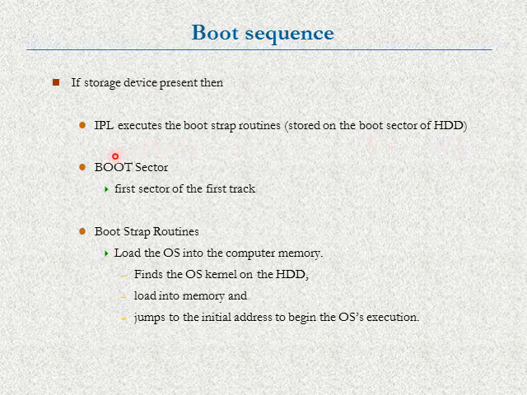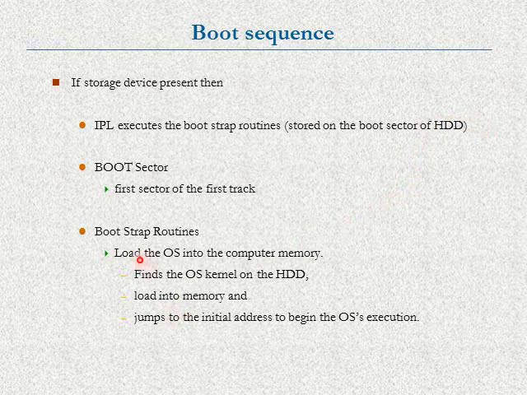So this boot sector is the first sector of the first track, and the responsibility of this bootstrap routine is to take out the operating system from this boot sector of the hard disk and load it onto the RAM.